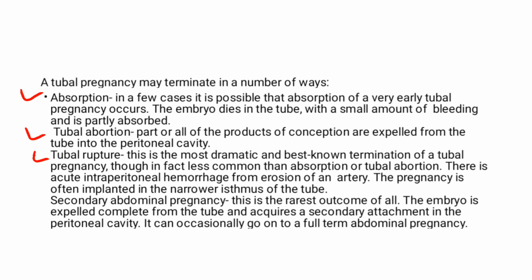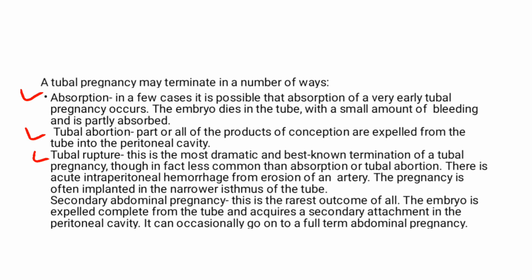This is the most dramatic and best known termination of a tubal pregnancy, although in fact less common than absorption or tubal abortion. But remember, since we don't necessarily monitor those, it's very difficult for someone who had a tubal pregnancy that was absorbed or aborted to know if they actually had it. Most people will come with a ruptured ectopic pregnancy in practice.